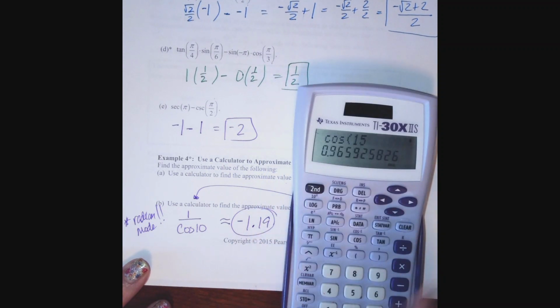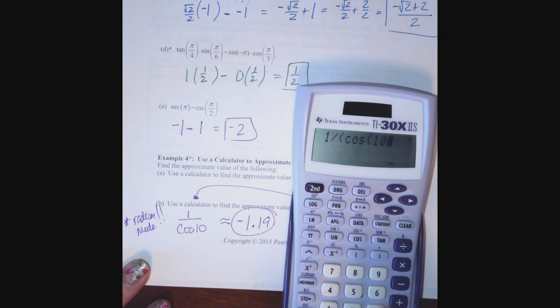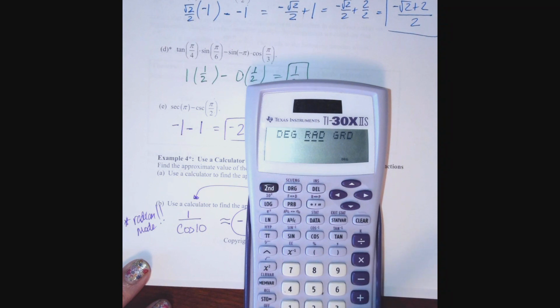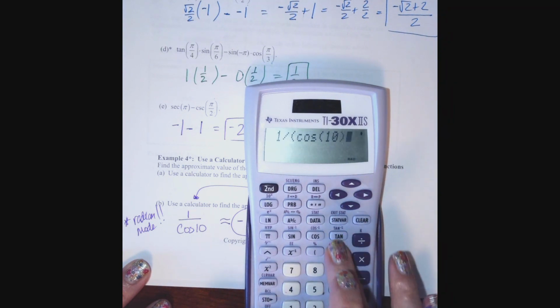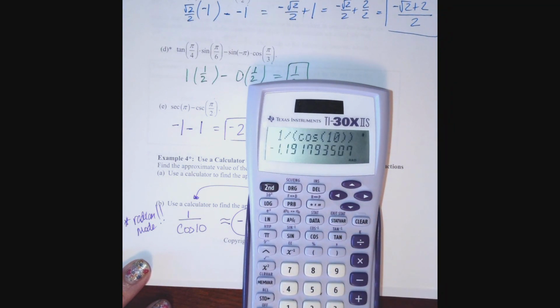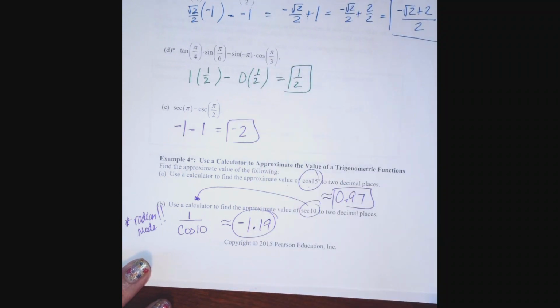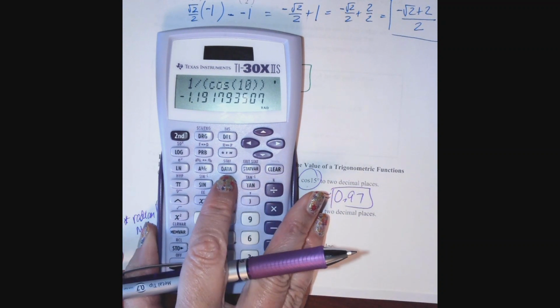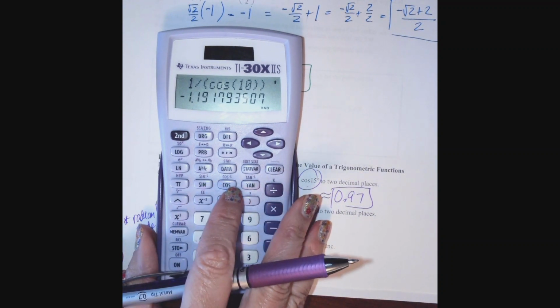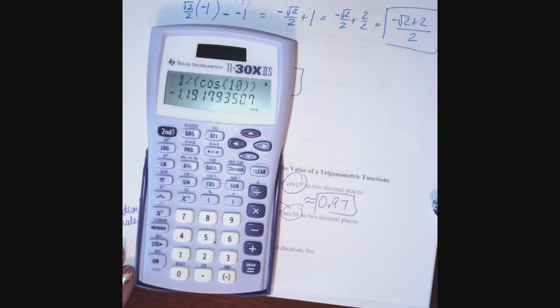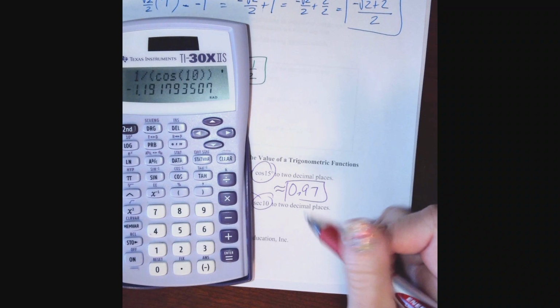So I'm going to say 1 divided by, and then I'm dividing it by the cosine of 10 radians. I need to make sure I'm in radian mode. There we go. Notice that I do have inverse functions above these. An inverse function is not the same thing as the reciprocal function. That's something very important to make note of.